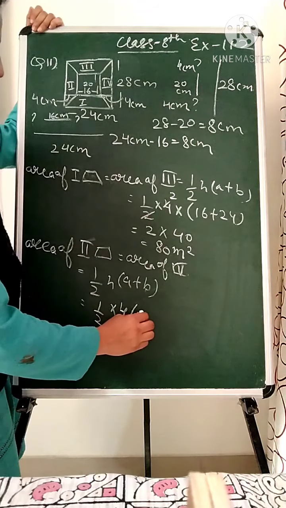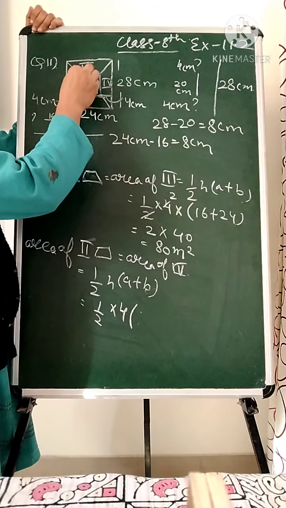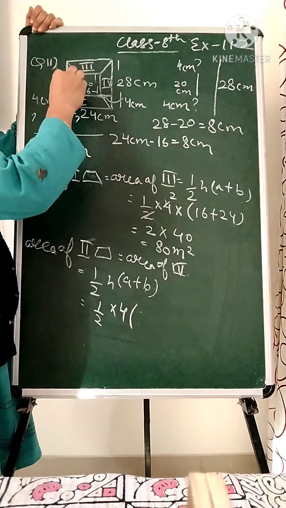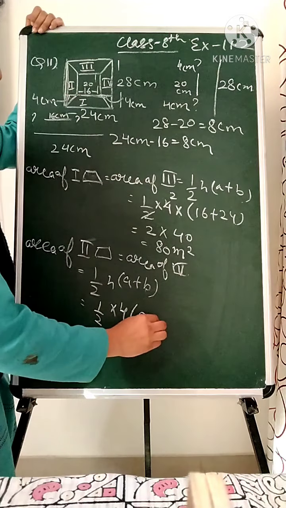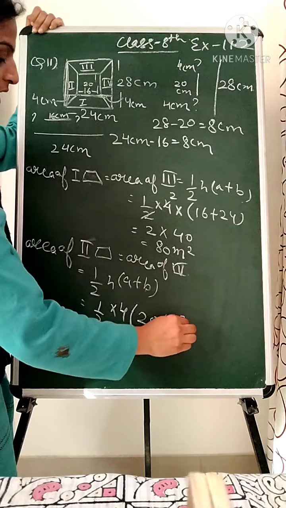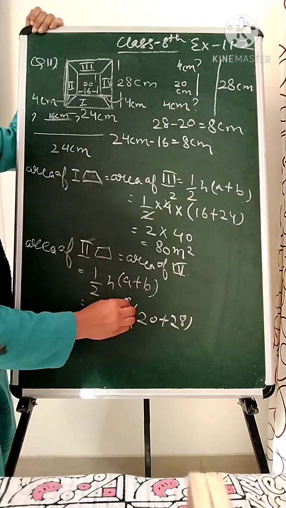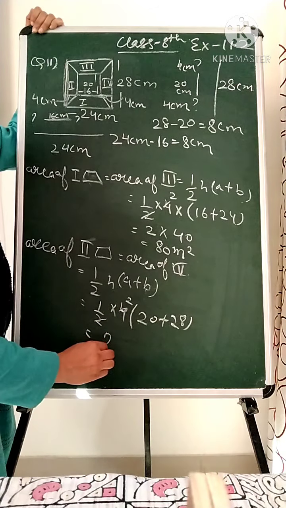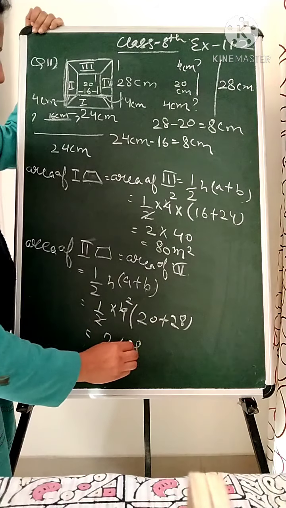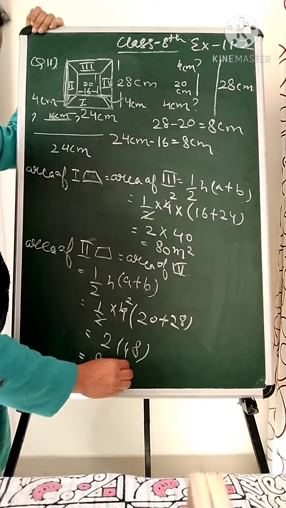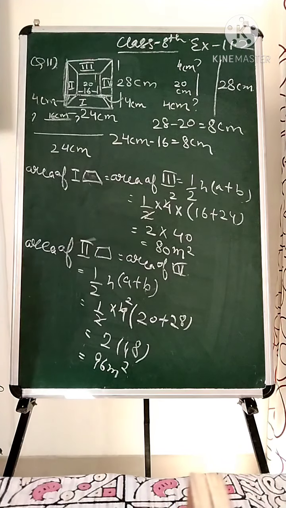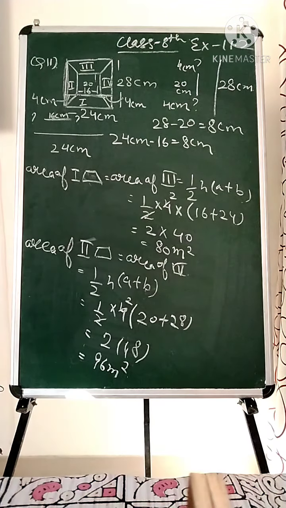A is 20. What is the B? 28 centimeter. 20 plus 28. Here 2, 8, 48. So answer is 96 meter square. Area of second trapezium and area of fourth trapezium is equal to 96 meter square.